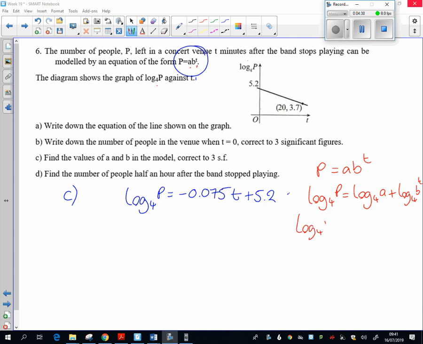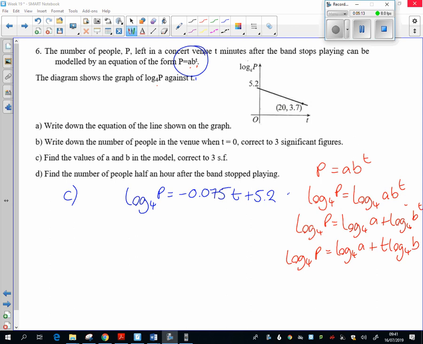Sorry, I've actually skipped a stage of working out, haven't I? Let's do it step by step. So my first stage would have been log to the base 4 of a, b to the t, and then they can be separated out, and then that t in the final term can come down as a coefficient.